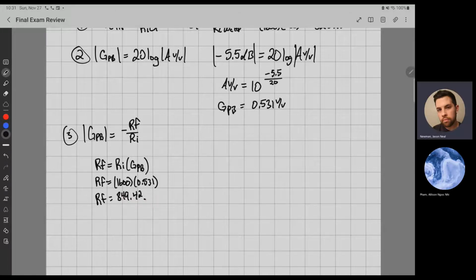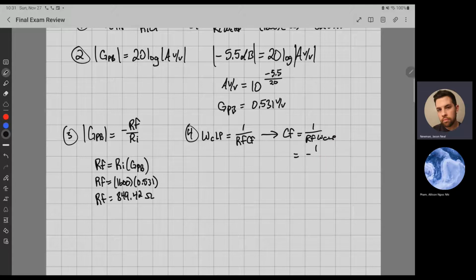would be 849.42 ohms. Then let's do number 4 real quick, which is omega C LP equal to 1 over RF CF. With a little manipulation, CF is equal to 1 over RF omega C LP.